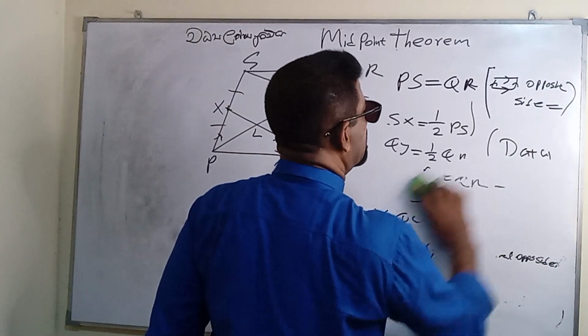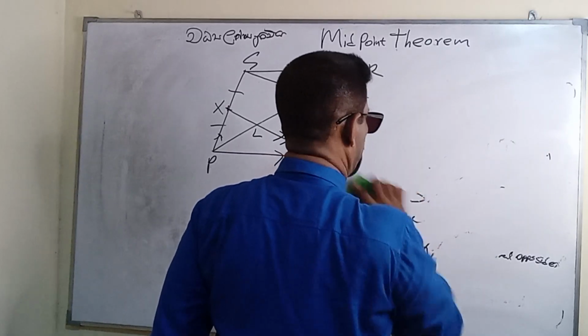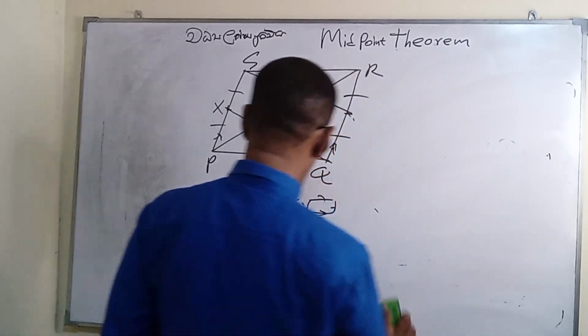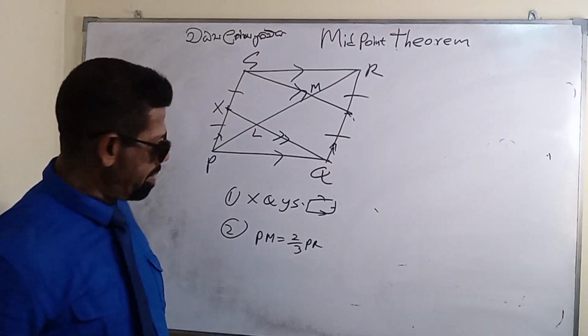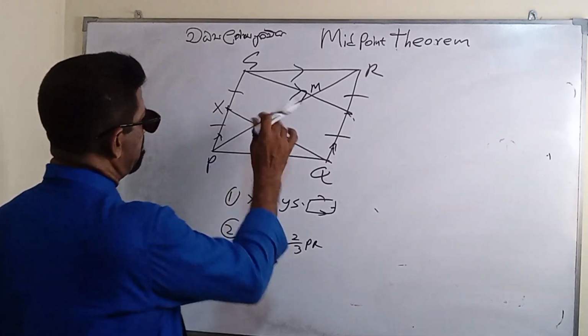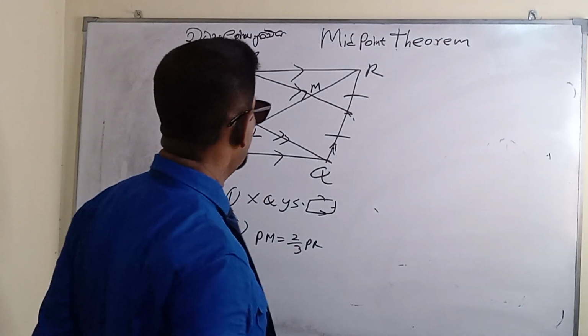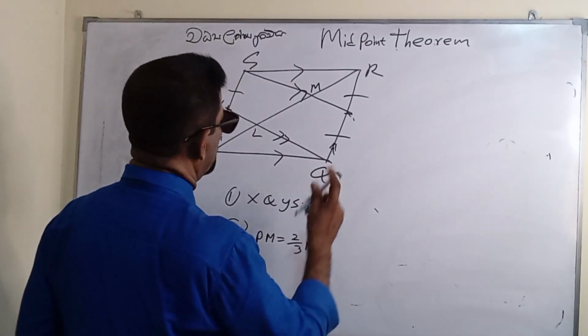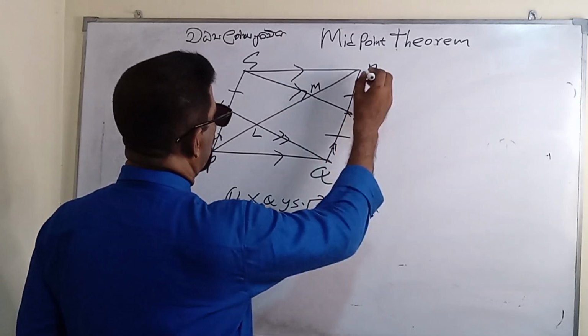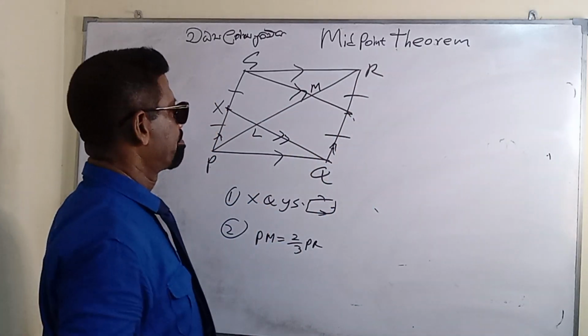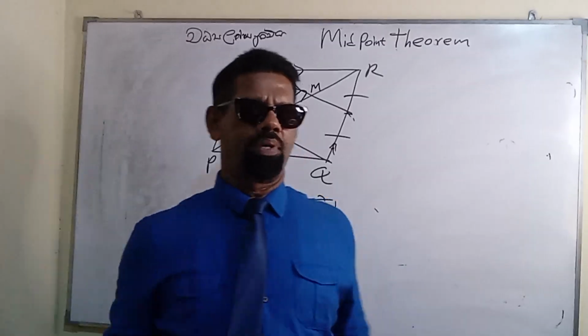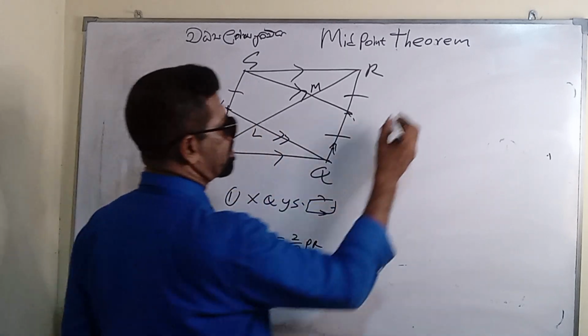Look at this. We need to prove PM equals 2/3 PR. I think it is better to first select the triangle, the QRL triangle. We know the midpoint theorem; there are two midpoint theorems.